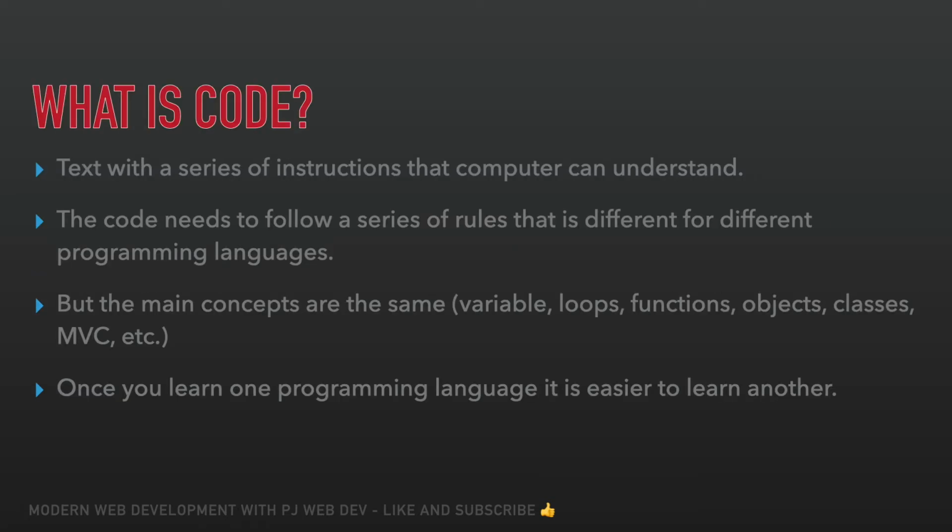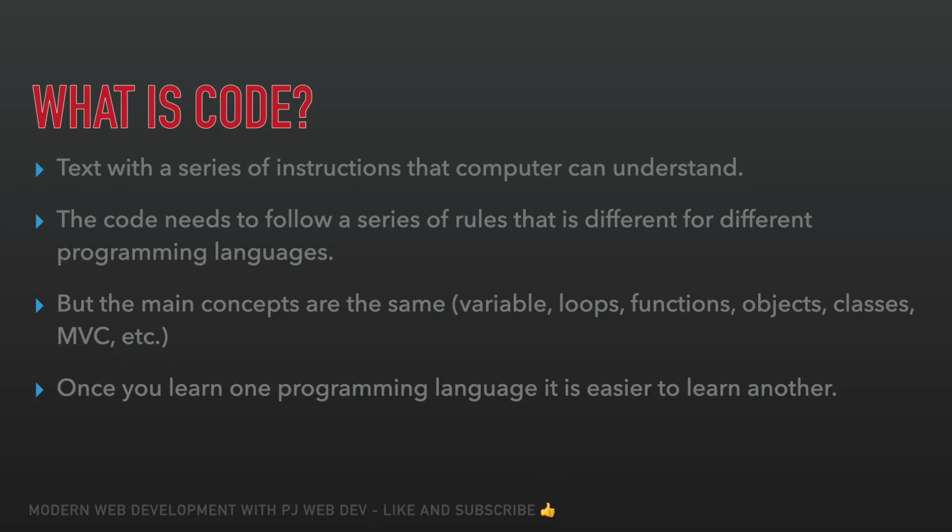Code is just text, a series of instructions that a computer can understand. Code needs to follow a series of rules that is different for different programming languages. There are some main concepts like variables, loops, objects, classes, MVC structure, and many other things.